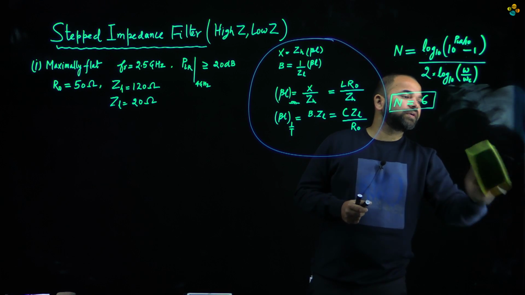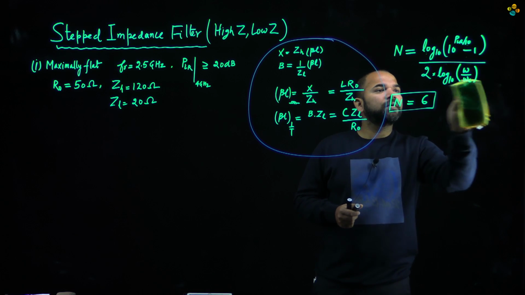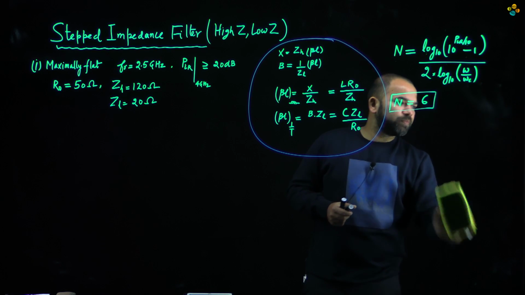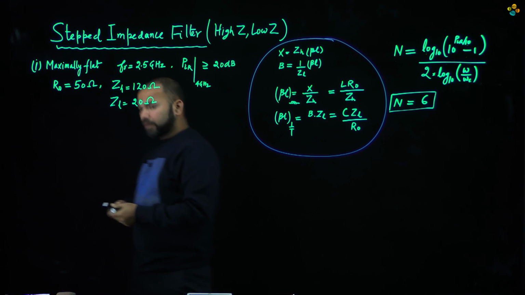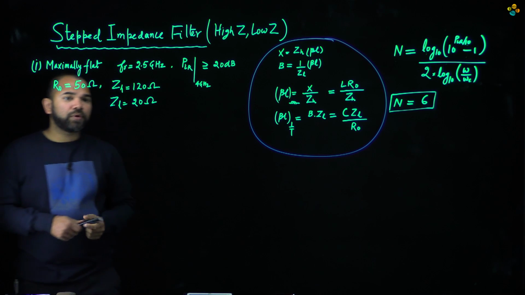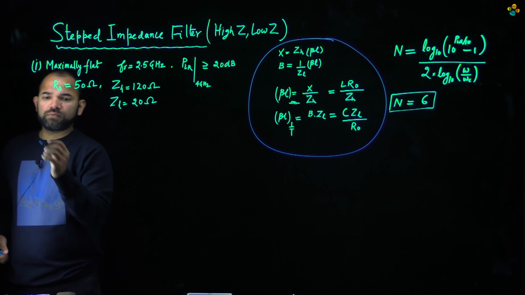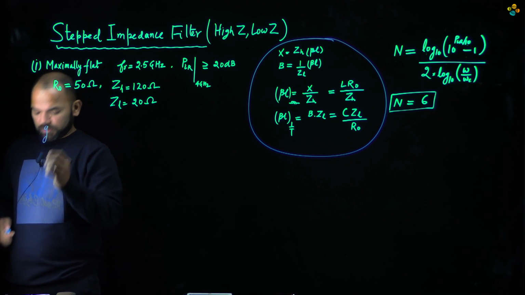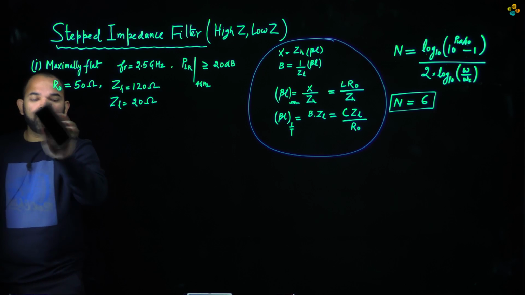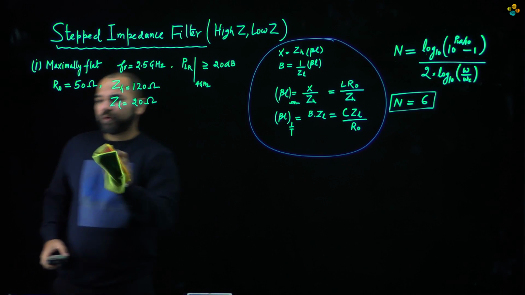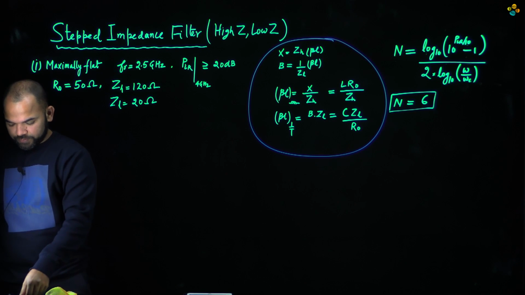So G parameters for a maximally flat response with filter order 6, we can directly take from the book, or we can easily calculate also. So I'm just taking directly from the book because it's relatively easy, because we have seen how we can calculate these parameters from equations.